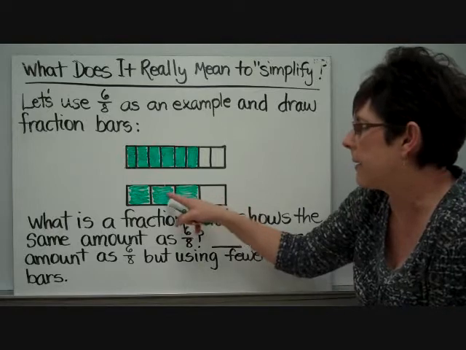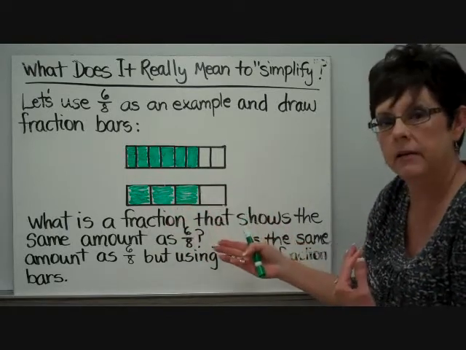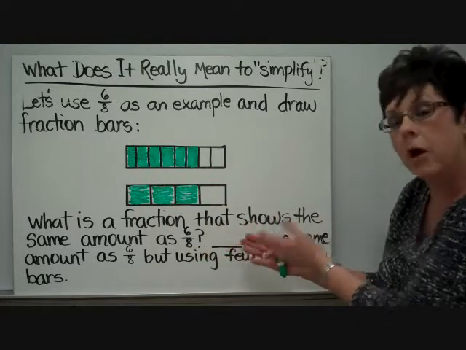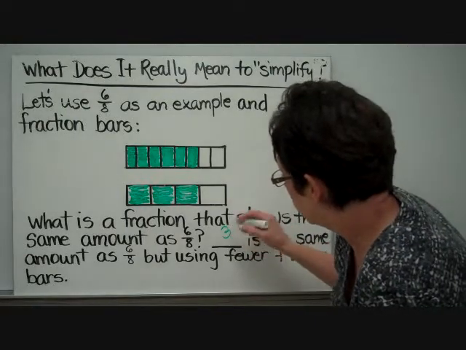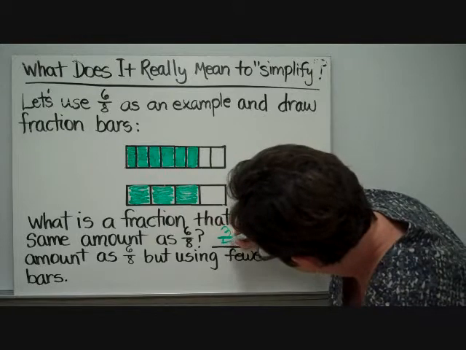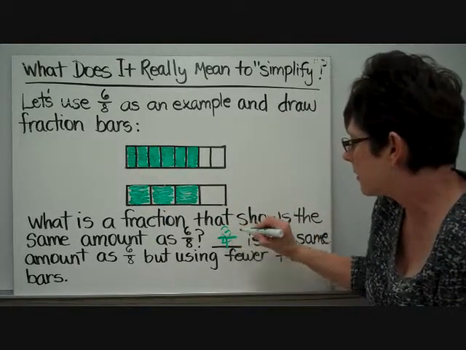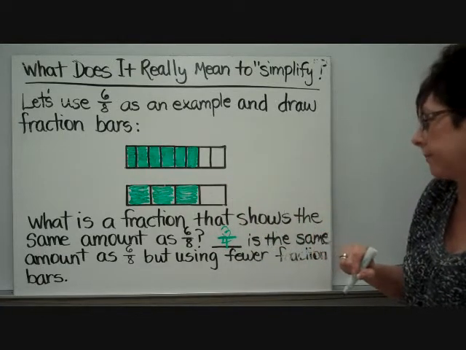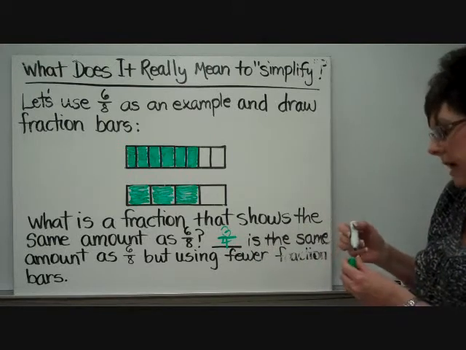Well, it's divided up into 4 parts. How many are shaded in? 3. So a fraction that shows the same amount as 6/8 is 3/4. Because 3 parts are shaded in out of 4. So 3/4 is the same amount as 6/8.